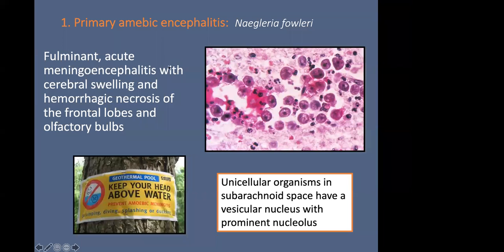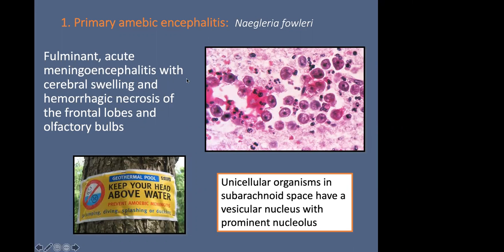And we acquire them usually from freshwater reservoirs like ponds and lakes, swimming into it. And that's why you may see some caution outside certain lakes, cautioning you for this particular disease.